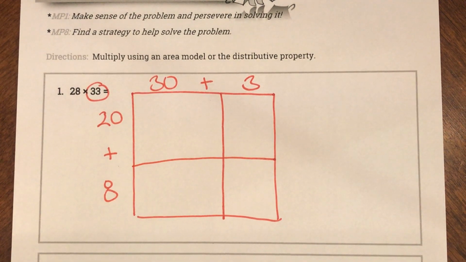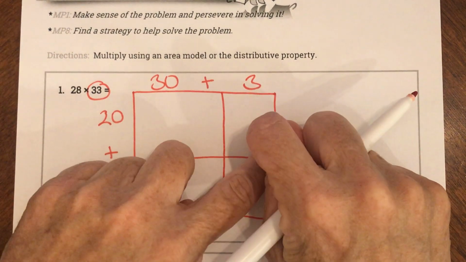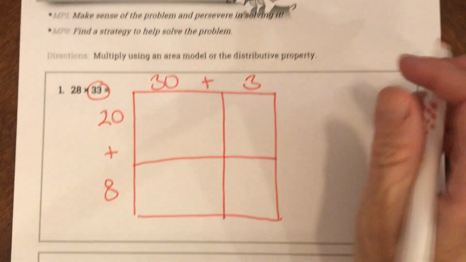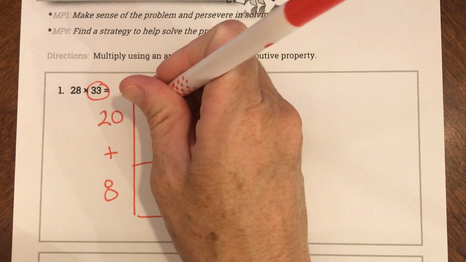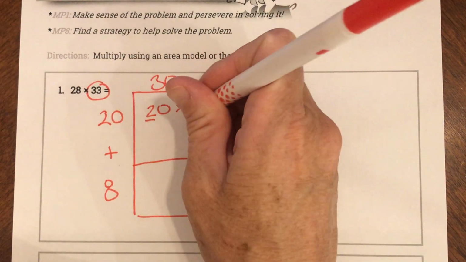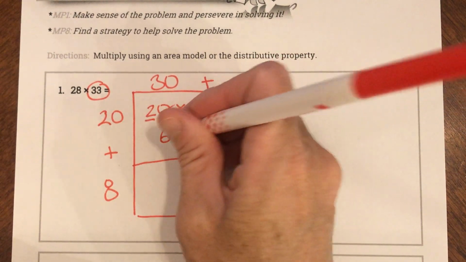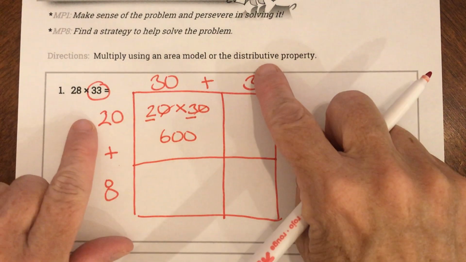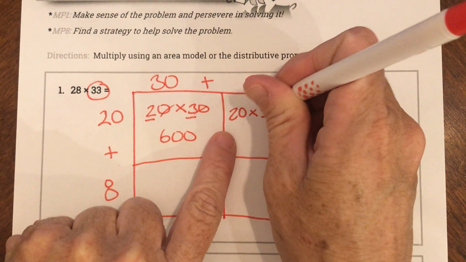Okay, once that's done, then I actually solve for my partial products inside. So in this box, I would have 20 times 30. Well, that zero trick we talked about: 2 times 3 is 6, plus my 2 zeros is 600. In this box, I would have 20 times 3.